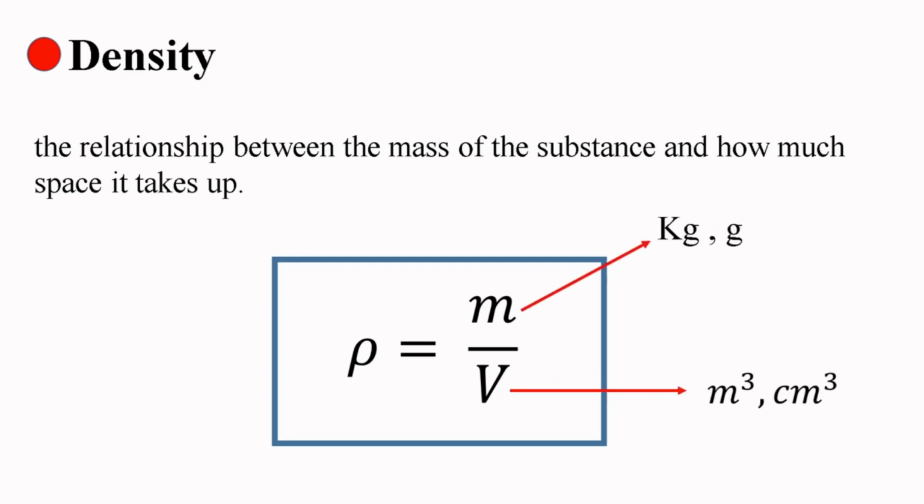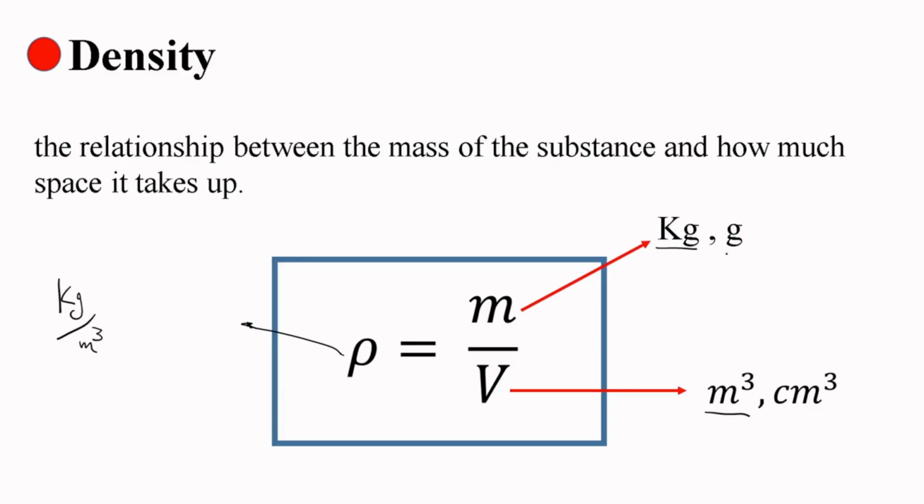In this formula, m is going to be in kilogram and gram, and volume can be based on cubic meter and cubic centimeter. If I have mass based on kilogram and volume based on cubic meter, the unit of rho or density is gonna be kilogram per cubic meter, because as you can see, those two terms are dividing by each other.